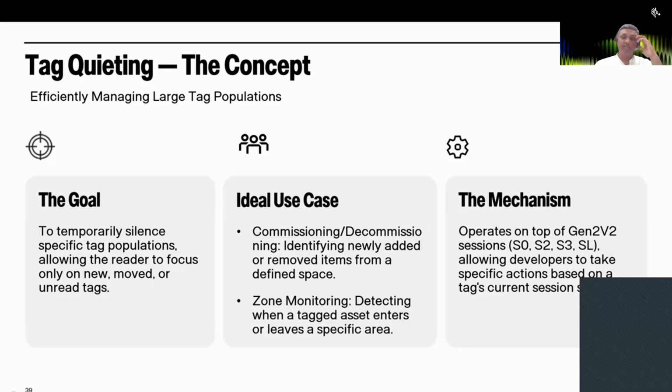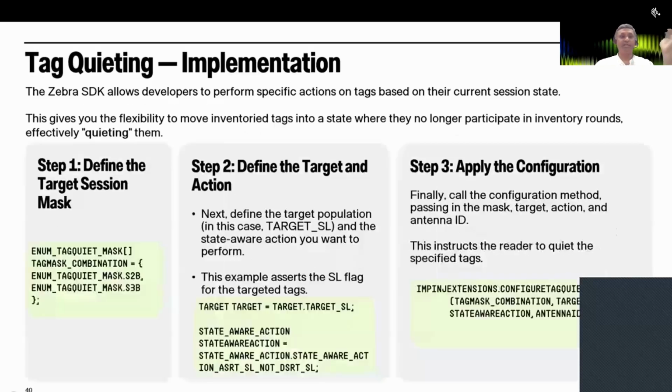So you can give the state mask in general. You can give all the tags which are in the specific states. You can define an action. That action could be silencing those tags so that the other tags can participate, and that's how we can achieve silencing out the tags which have already gone through the actions and read the tags which are of interest, right?